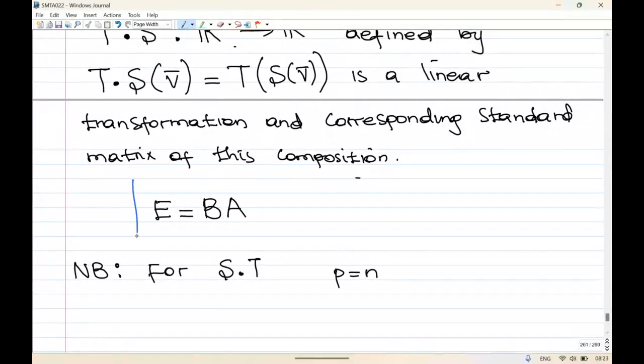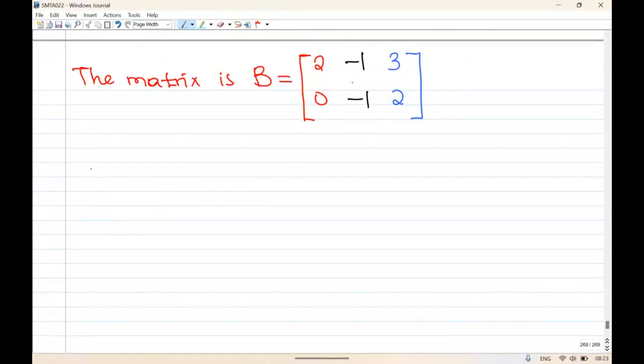We are going to find this. Are we together? All right. So now, that is the matrix B.